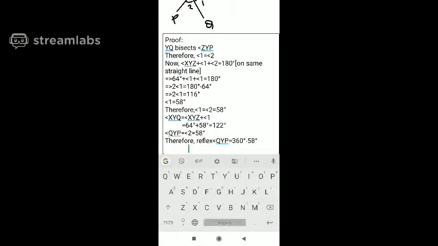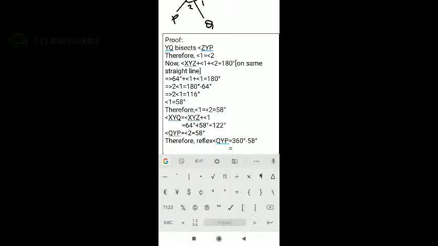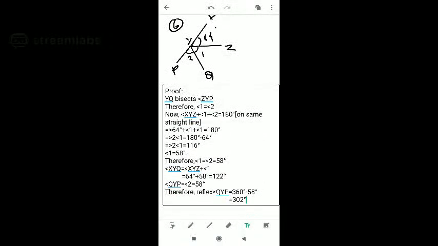It will be 302 degrees. So this is the answer.